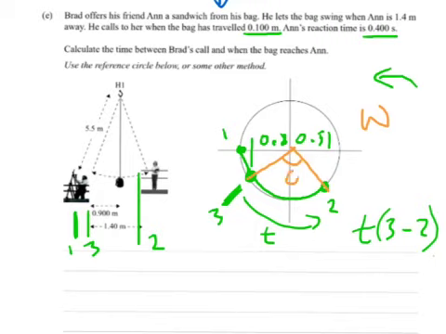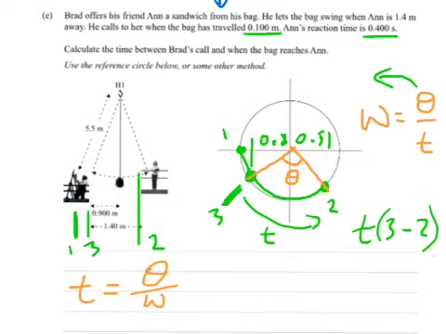I think the best thing is to work out this angle, because the angular frequency is the angle covered over time, and just rearrange the equation to find what the time equals. So remember, time will equal theta divided by omega. Okay, so theta we can work out using our triangles.